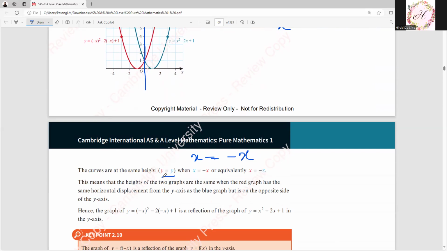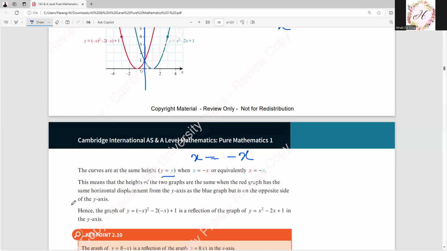So the heights of the two graphs are the same because all the y values are the same. The x values are mirrored. The red graph has the same horizontal displacement from the y-axis as the blue graph, but is on the opposite side of the y-axis.